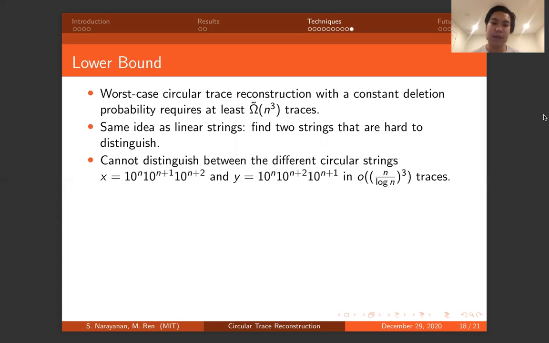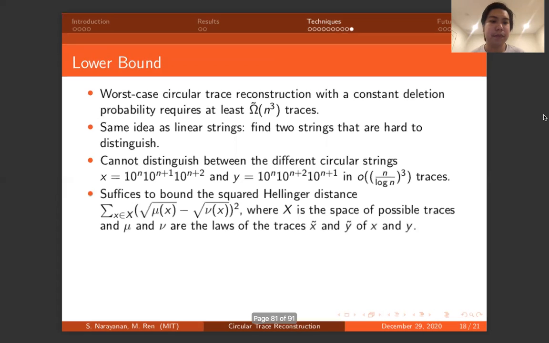And so this is going to be some circular string where the ones are roughly evenly spaced around the circle. And we're going to take y to be its mirror image. So these are not the same circular strings, but we can't distinguish them in less than O of n over log n cubed traces.